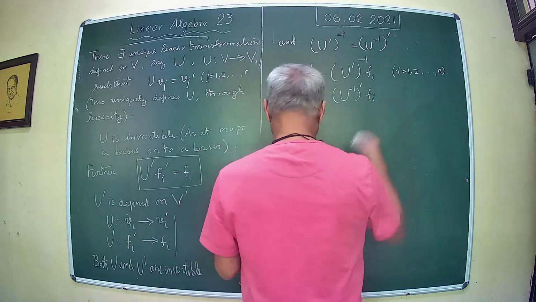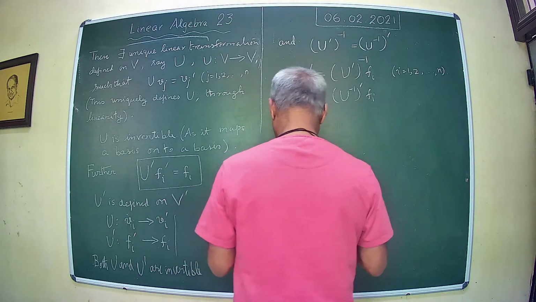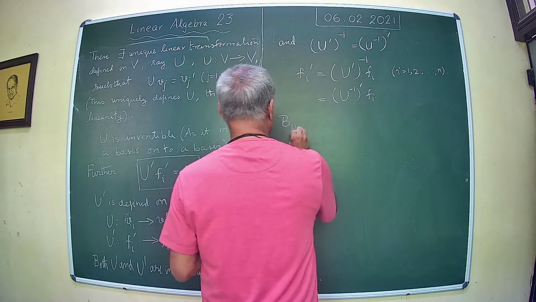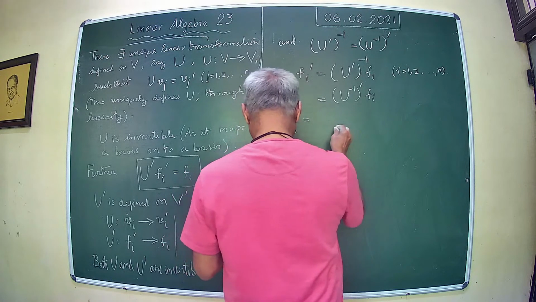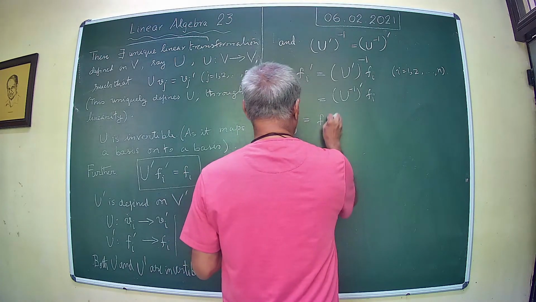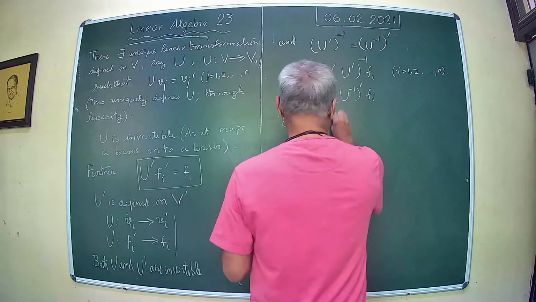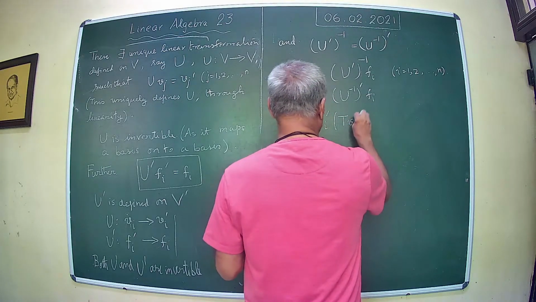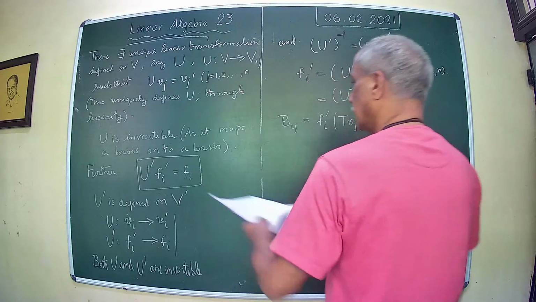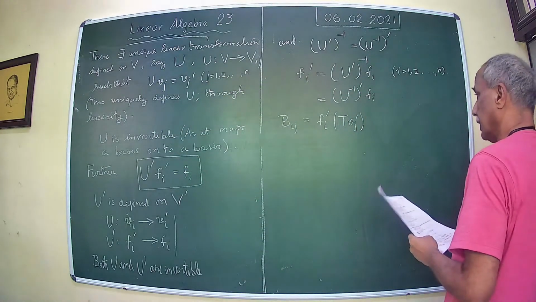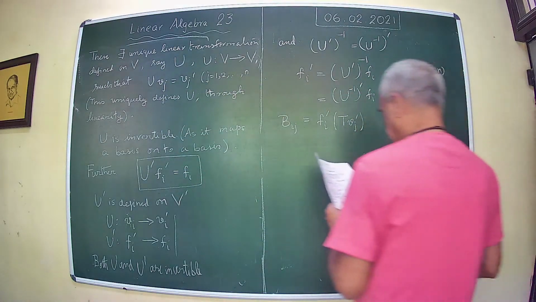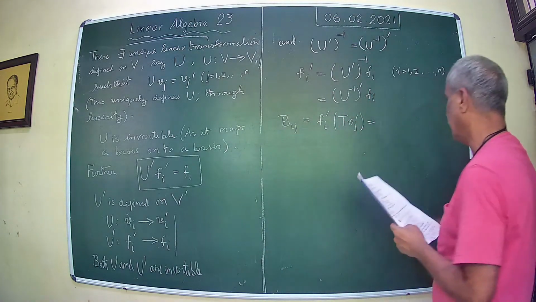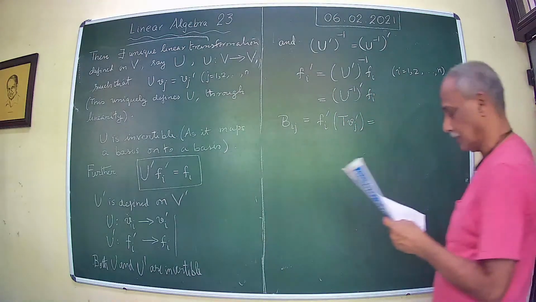So we have now Bij is equal to Fi prime of T Vj prime. That follows from the earlier relation that we have, and what is called the duality or the bi-orthogonality relation.